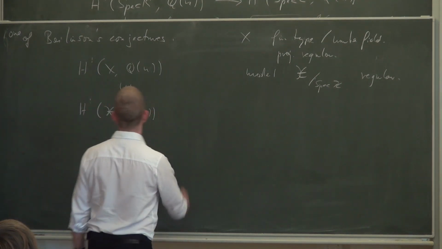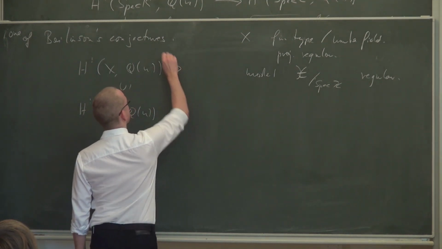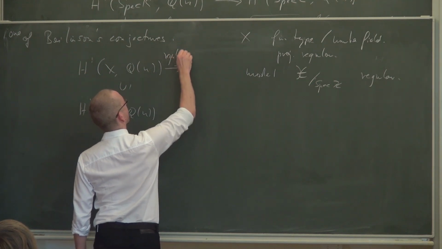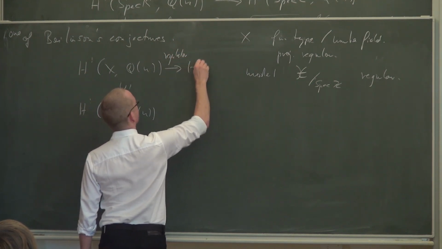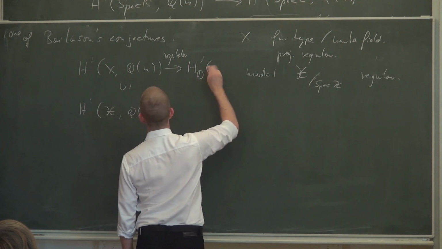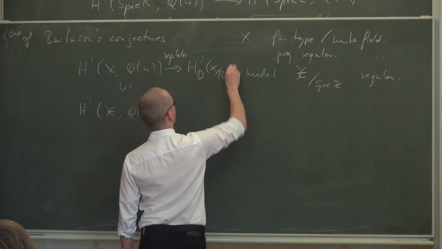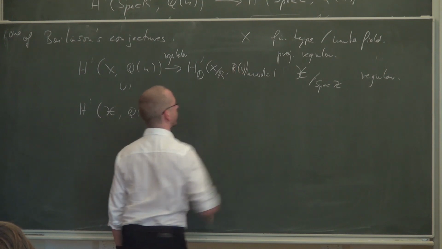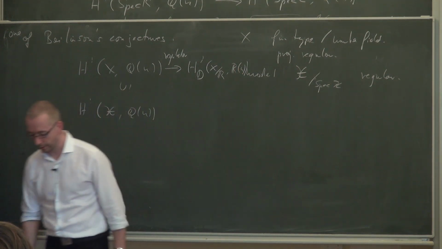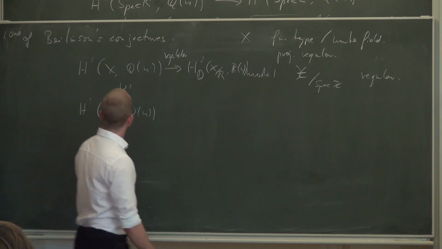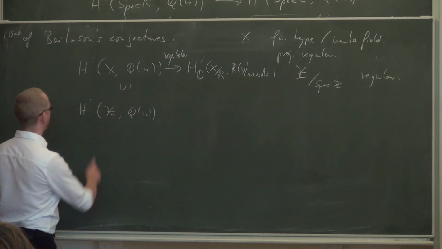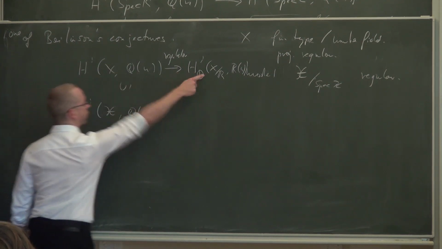And Beilinson also constructed a regulator that goes to some version of the Deligne cohomology for X base change to R with Rn coefficients, and I really don't want to say anything about the definition of this. But the thing is, you can compose these two things.